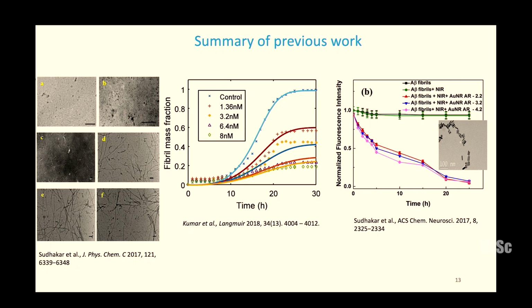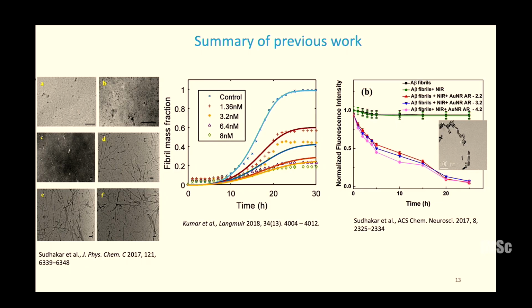On the other hand, if you start with a fully formed fibril like this, and you want to say how do we disassemble this? In this case, these fibrils are quite stable, and they will not disassemble by themselves due to small temperature or pH changes. What we need to do is put some plasmonic nanoparticles like gold nanorods, and then we shine some NIR light, and what it creates is a local hotspot, and this allows the protein to disassemble and disaggregate.